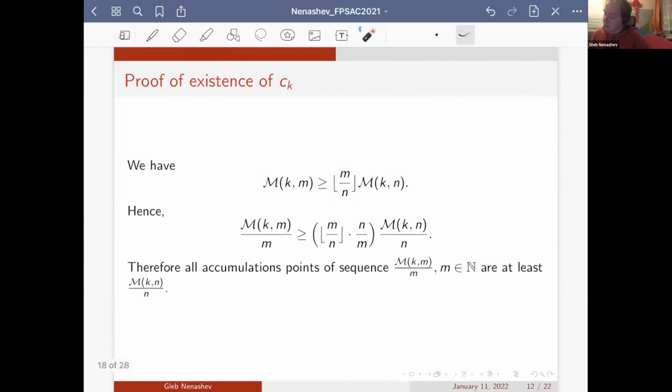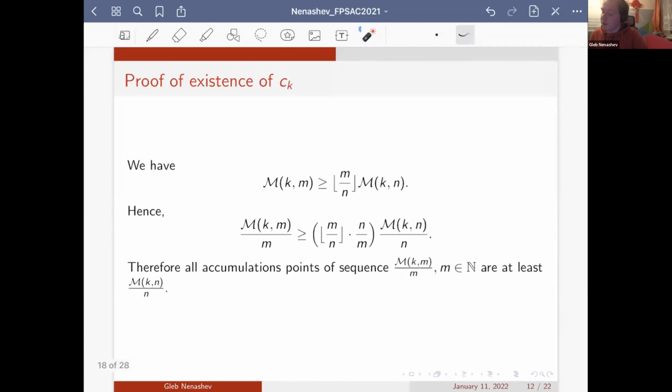So we get that any accumulation point of the sequence MKM over M is at least MKN over N. And from this, we immediately get that we have at most 1 accumulation point. And since we know that this sequence is also bounded, we have exactly 1 accumulation point. And it's a limit, of course.